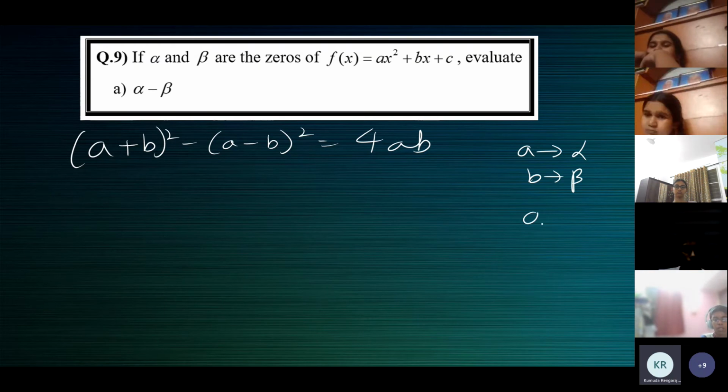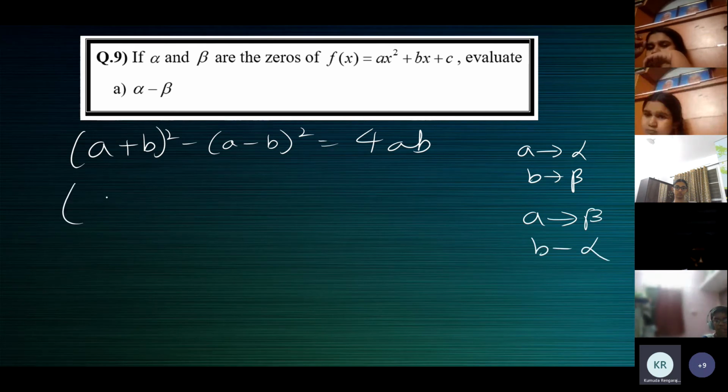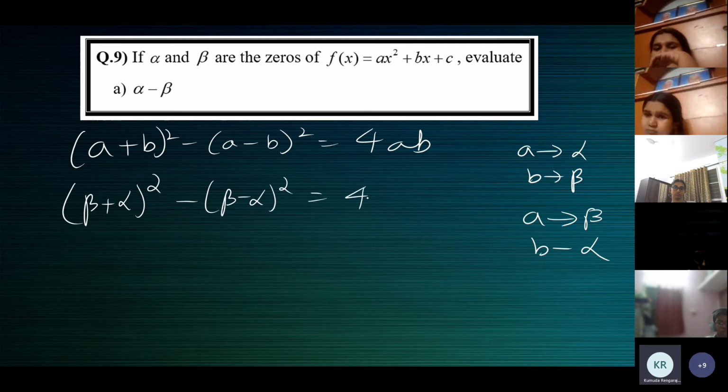You can also use beta in place of a and alpha in place of b, since you can replace a and b with anything. So it will be beta plus alpha the whole square minus beta minus alpha the whole square is equal to 4 beta alpha.